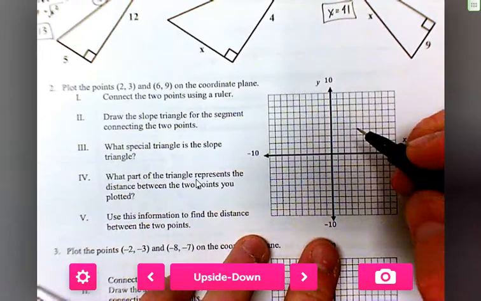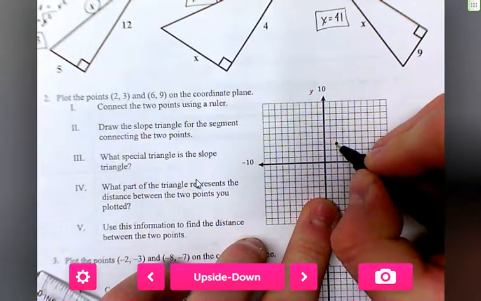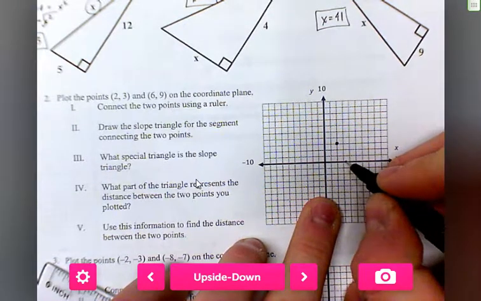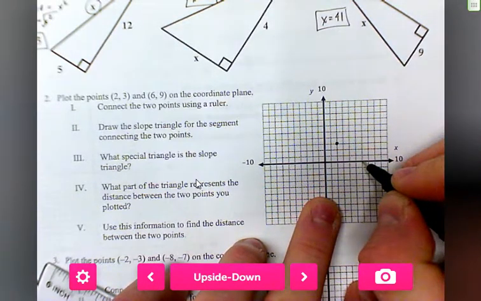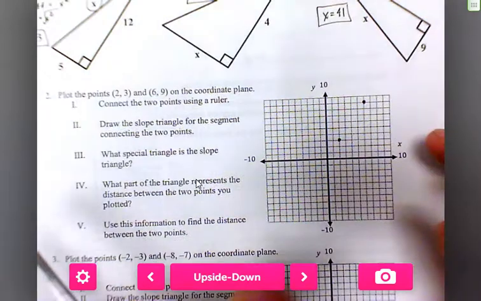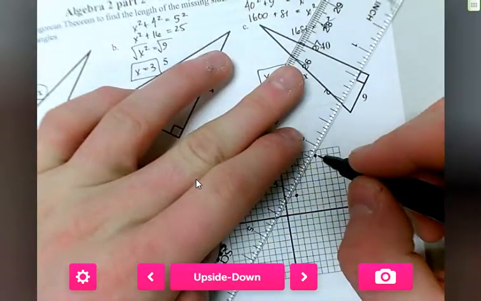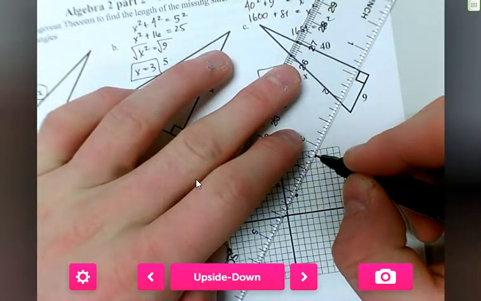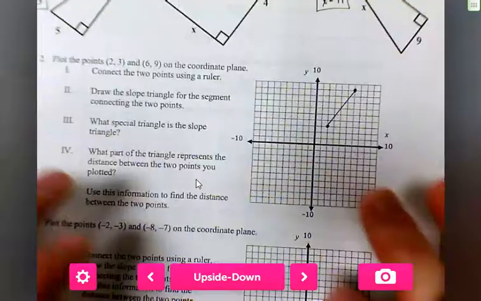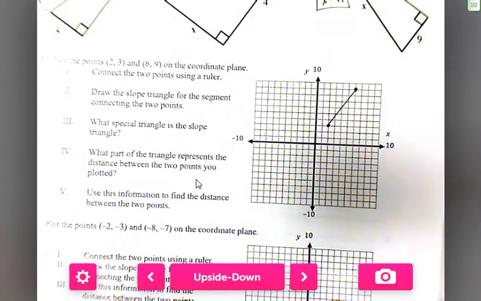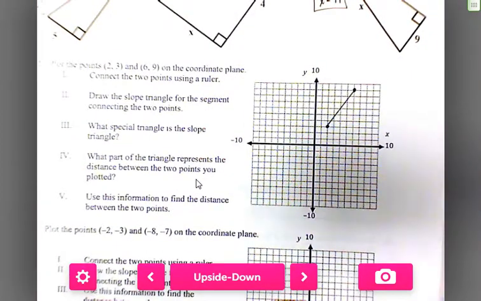Okay, so we've got 2 over, 3 up and 6 over, 9 up. Okay, and we're going to connect this line. Just like that.